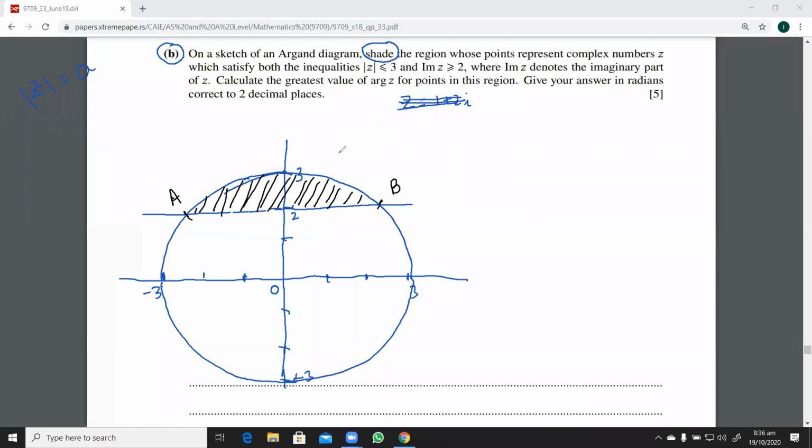Where can I have the greatest argument and where can I have the least argument? Greatest at A and least at B. Yeah, we have greatest at the point A, and just focus on this shaded region, okay?